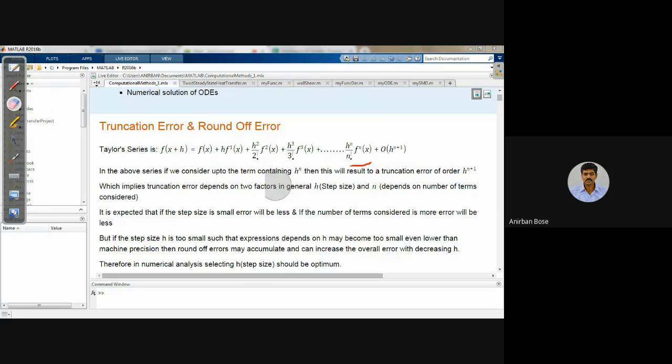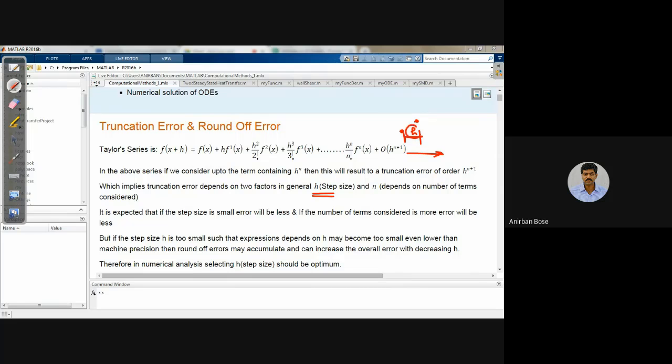Now you see that the error also depends on h. How does truncation error depend on h? h is basically the step size. Suppose you know the functional value at this location and you want to know the functional value at a distance x plus h. That means this distance along the x-axis is h.